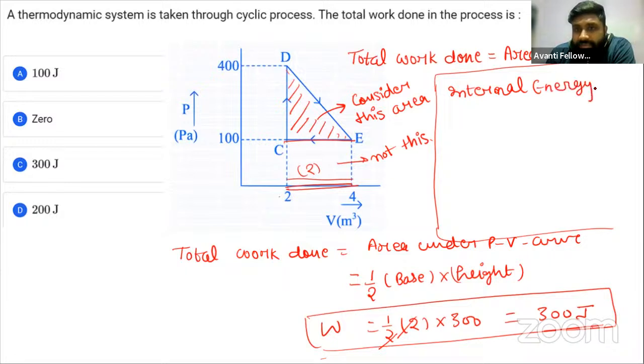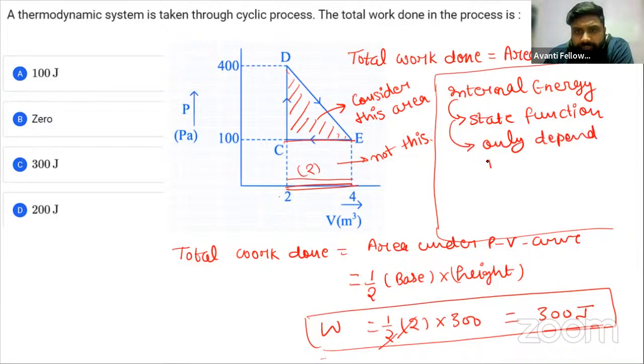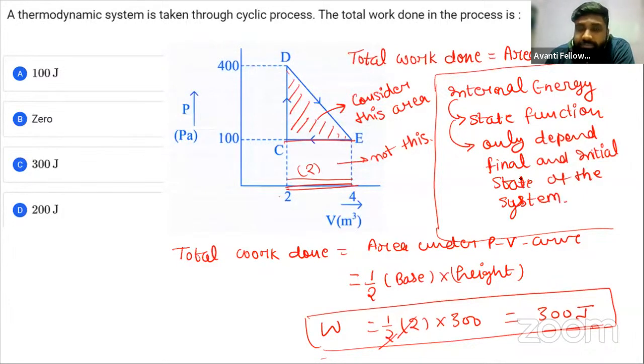Now we know that internal energy is a state function, so it only depends on the final and initial state of the system.